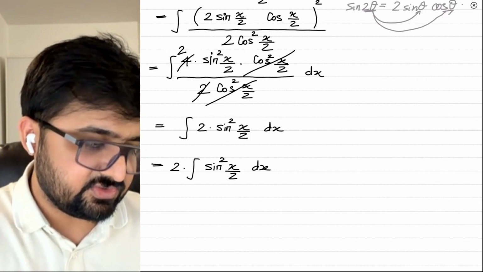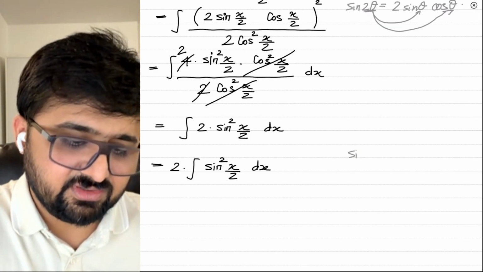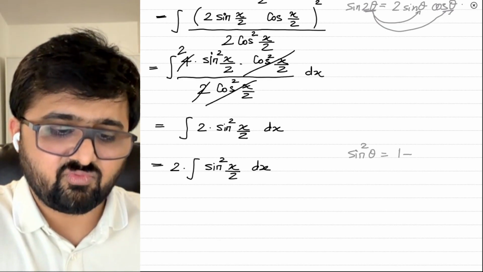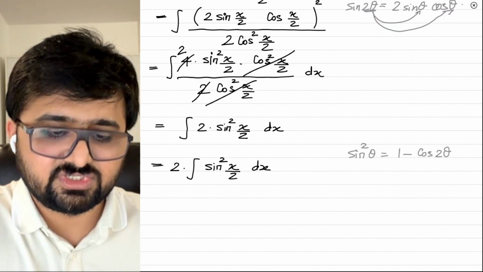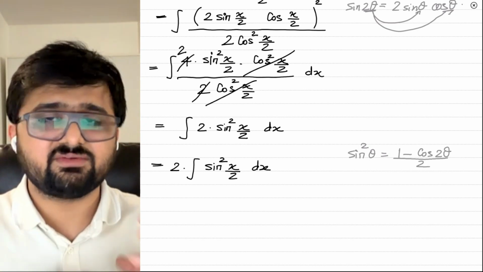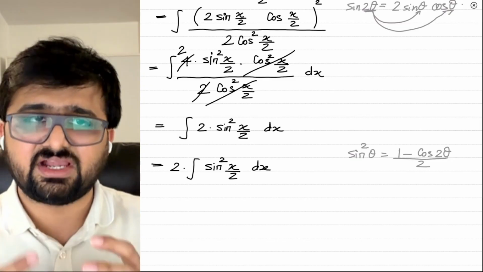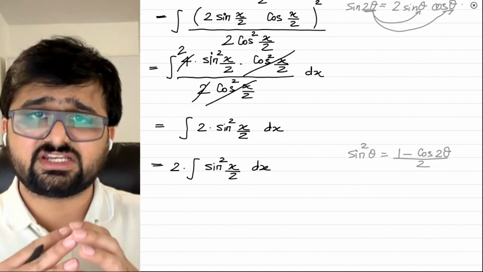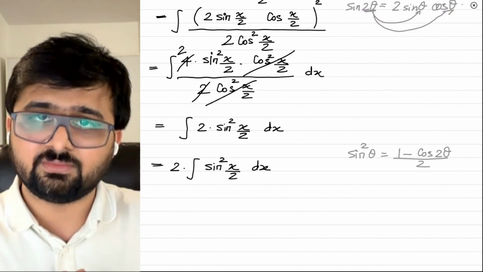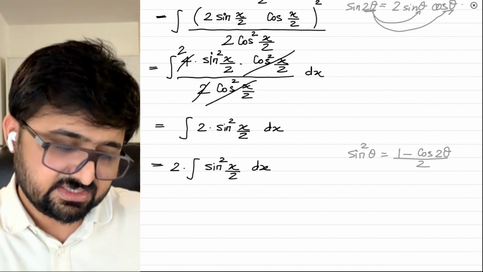We know the formula for sine square theta is 1 minus cos 2 theta divided by 2. These formulas are so important that you will use them again and again. I'd recommend you memorize these formulas so that solving these kinds of problems becomes a cakewalk for you.